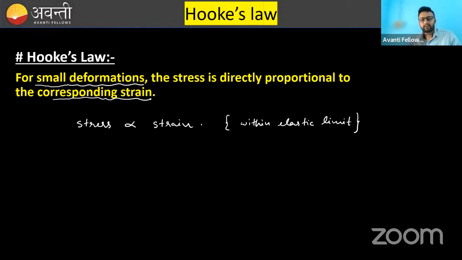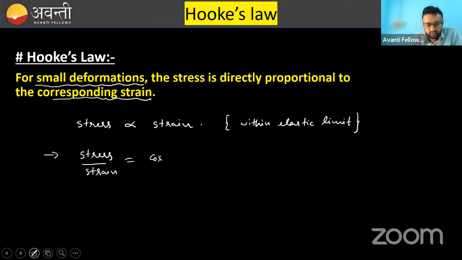Now if I move further, stress is directly proportional to strain. If I remove this proportionality sign, there will be a constant. So if I write stress over strain, it is a constant.